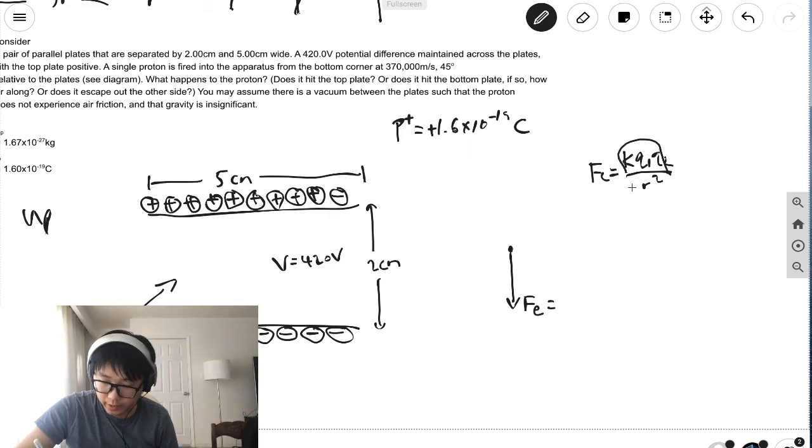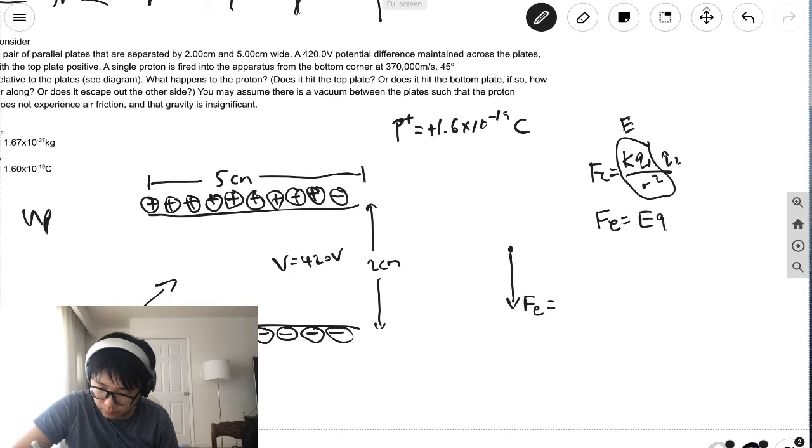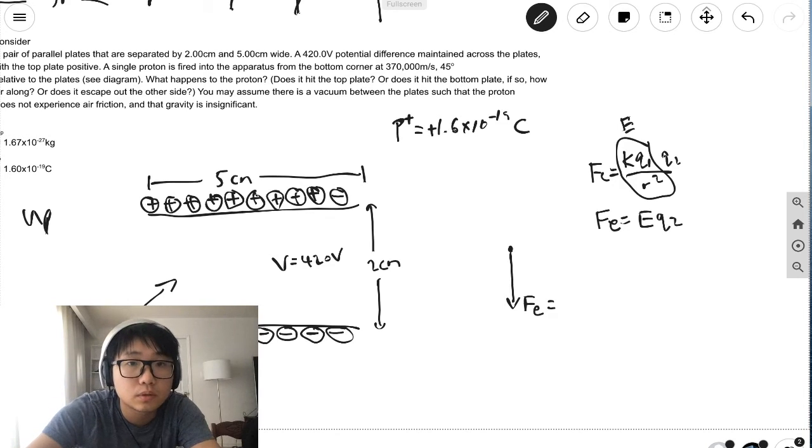Well, this whole thing, KQ1, ignoring the Q2, is basically the electric field, E. So Fe essentially is the electric field times Q2. So if we have a way of finding the electric field from your voltage, then we're good.